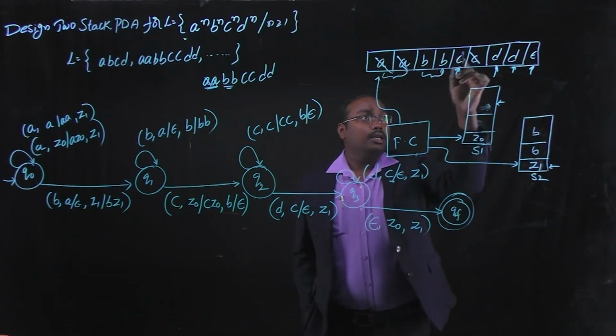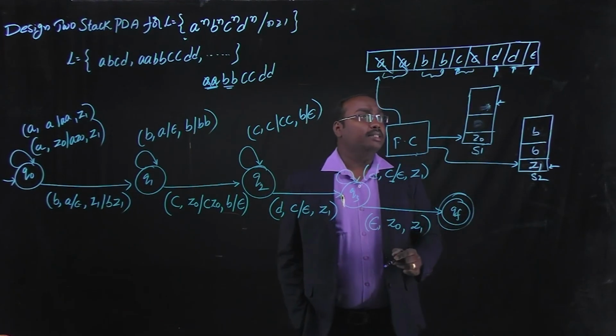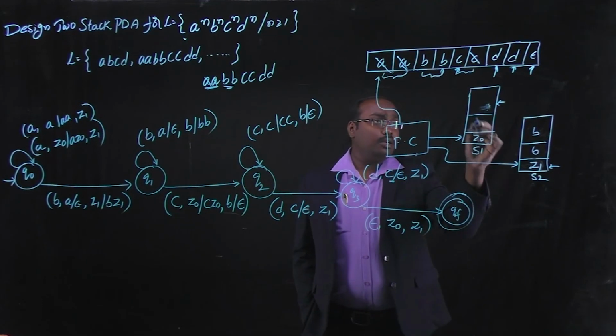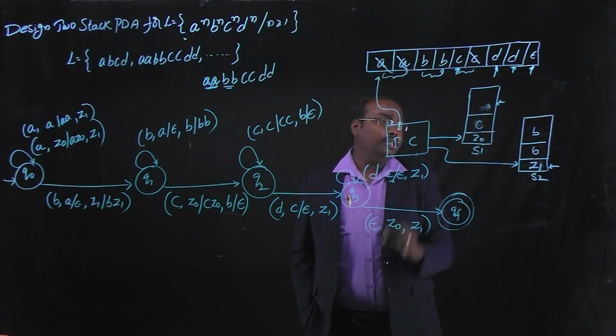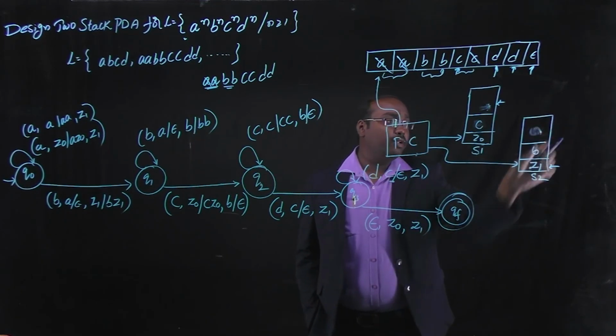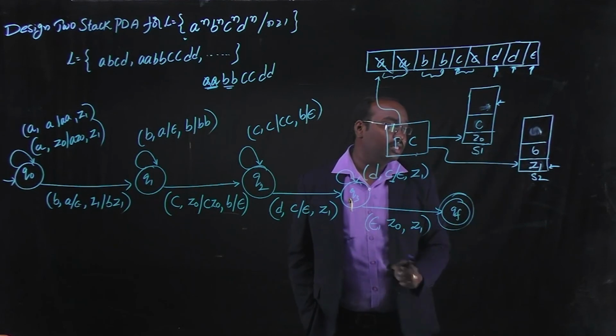Next, reading c's: we push that element onto stack 1, and the top element of stack 2 is popped. Again we read the next c, and remove the top element of stack 2.